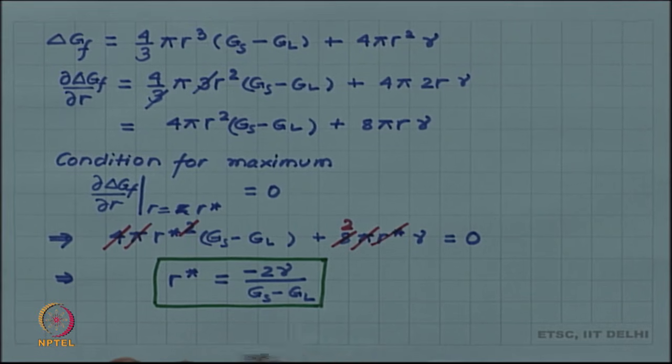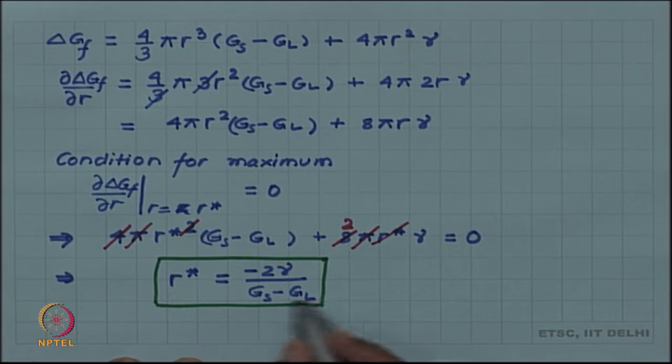You recall that Gs minus GL itself is negative. So, that is why we have a minus sign there. So, R star gives you a positive radius.